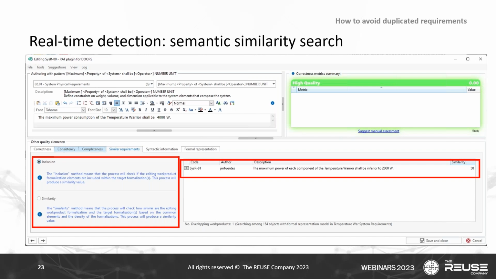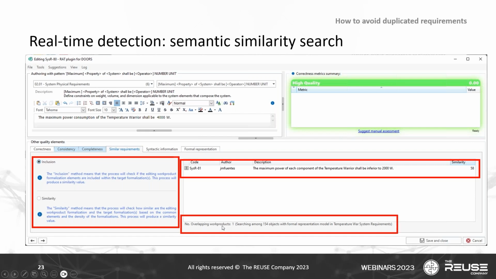I don't know if you follow me, but in the inclusion, a short requirement could tell you that the requirement is 100% included into a larger requirement, but when you move into similarity, the tool will analyze that large content and short content, of course, are not similar, right? So these two will be presented in the demo live. And of course, the search in this case is done in 154 objects, which means in the full document.